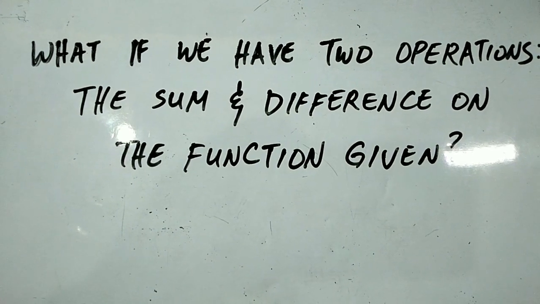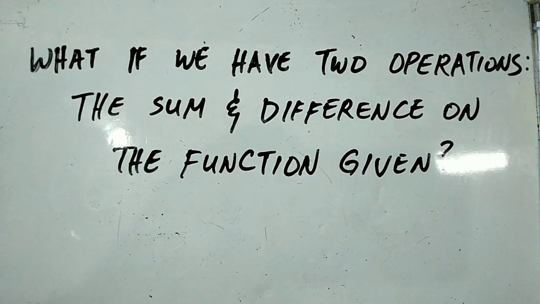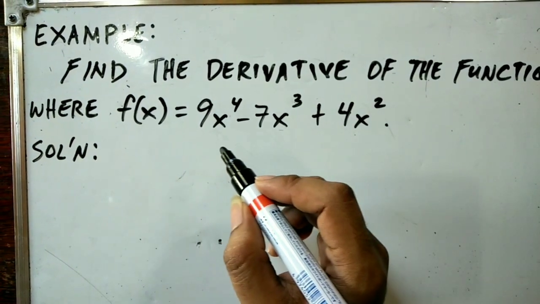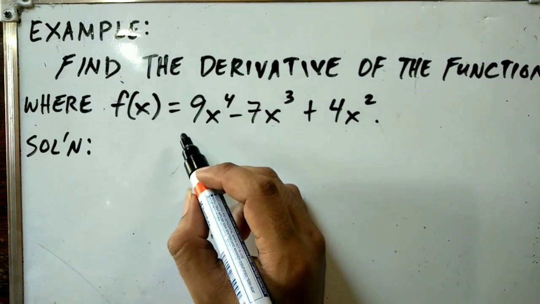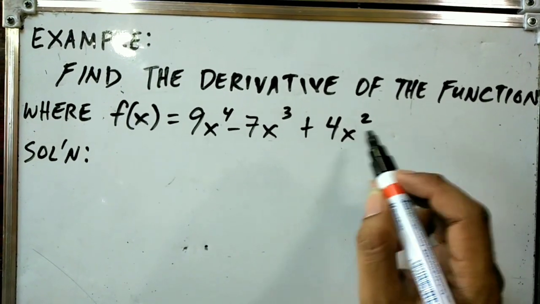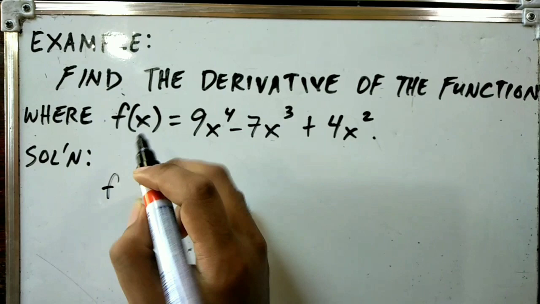Sir, what if we have two operations, the sum and difference of the function given? Example, find the derivative of the function where f of x equals 9x to the fourth minus 7x cubed plus 4x squared. Okay, solution.